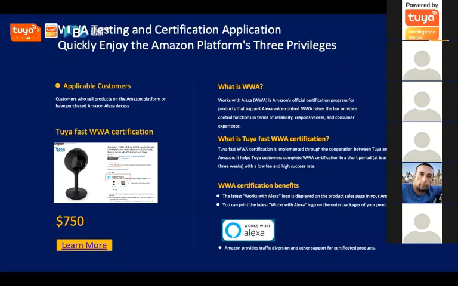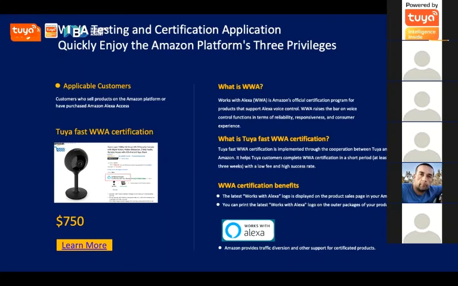What is WWA? WWA means Works with Alexa. Works with Alexa is Amazon's official certification program for products that support Alexa voice control. Works with Alexa raises the bar on voice control function in terms of reliability, responsiveness, and consumer experience.